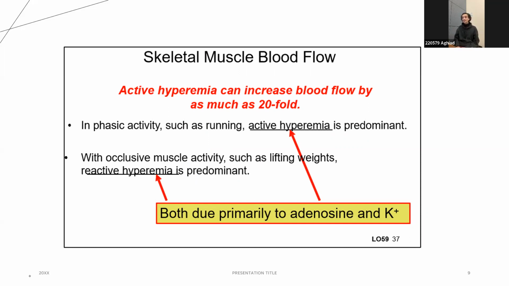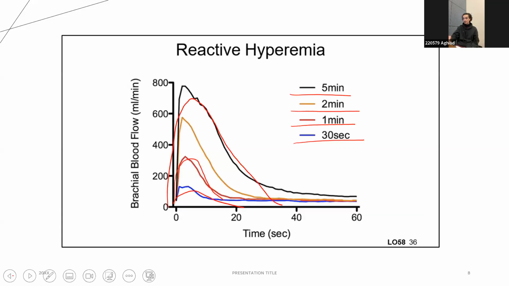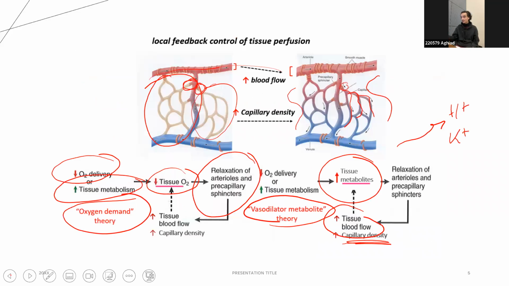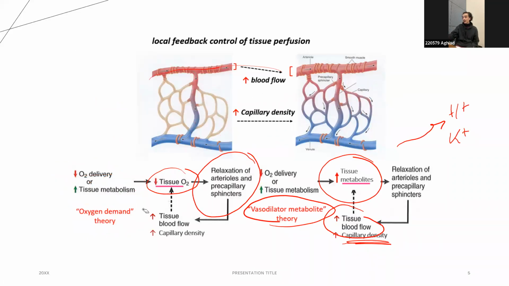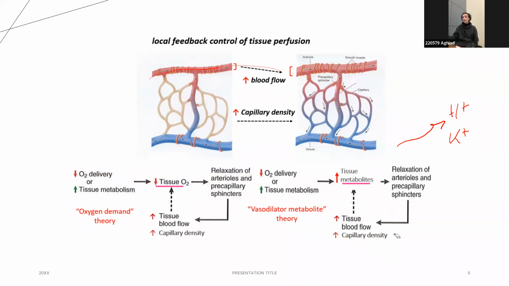Right. So skeletal muscle blood flow. As you can see, active hyperemia can increase blood flow by as much as 20-fold. All right, if we can go back to the previous slides, Dr. Peter's slides, you can see here, hyperemia can increase the blood flow by up to 20-fold. Because when resting, you don't need all these muscles to work. So it would be a waste. It's like a faucet.